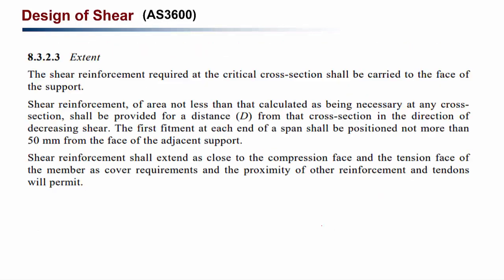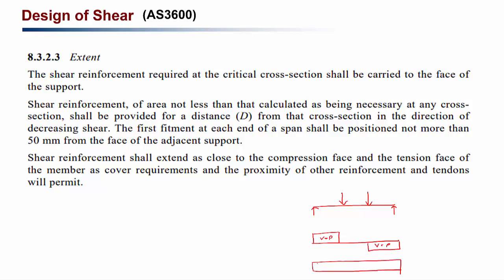the stirrups. So a few other things to take into account while detailing the shear reinforcement: shear reinforcement of area not less than that calculated as necessary at any cross section shall be provided for a distance D from the cross section. What it means is that, again, looking at the simply supported beam subjected to 4-point loading like this, and it has a shear span here.